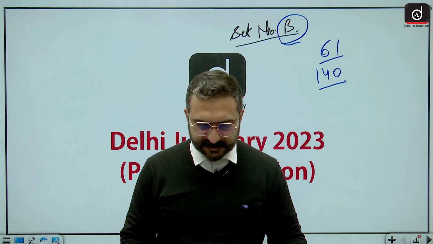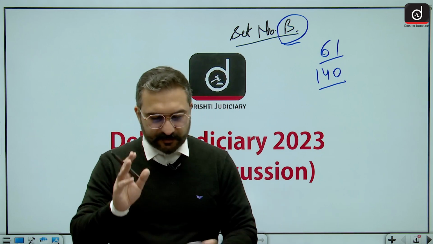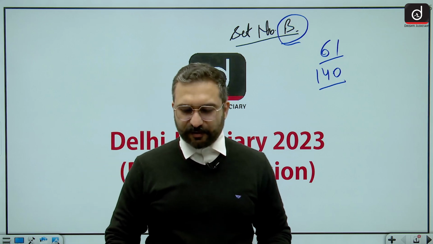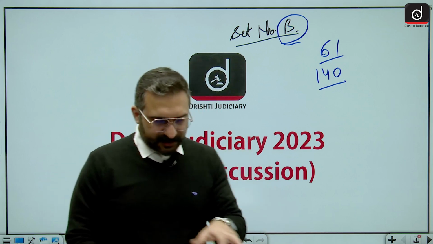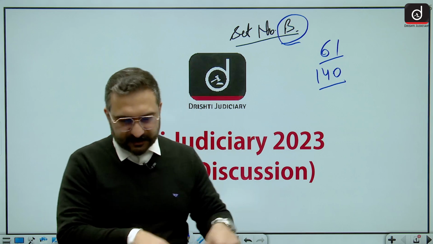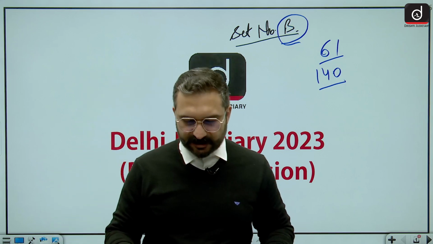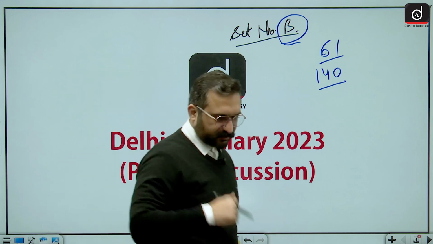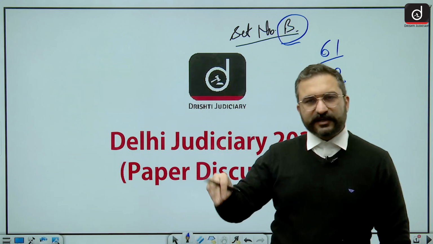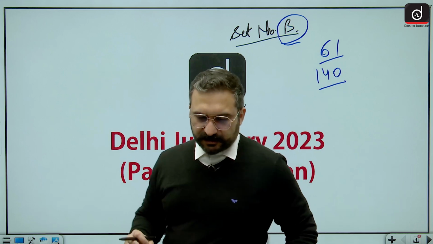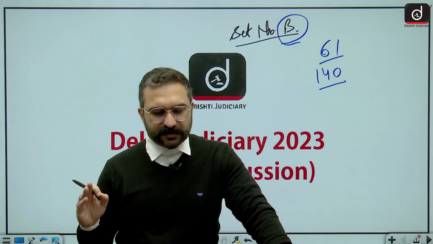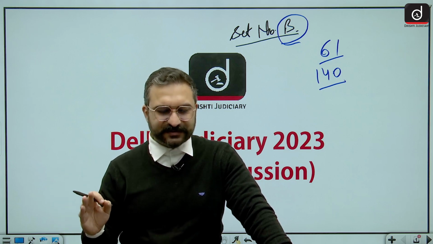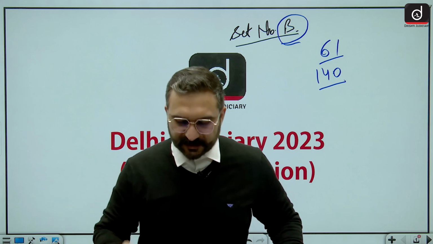Question number 61 pertains to the impleadment of two persons. When I was cross-checking how many questions have been done, these two questions came up, and they were not in the slide, so I will be doing it now. Question number 61 is: a decree for recovery of money of rupees 10 lakhs is passed against a company, ABC Limited.